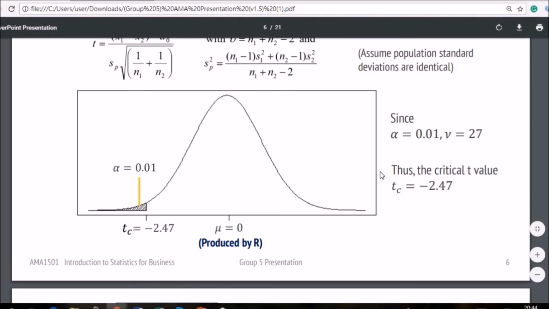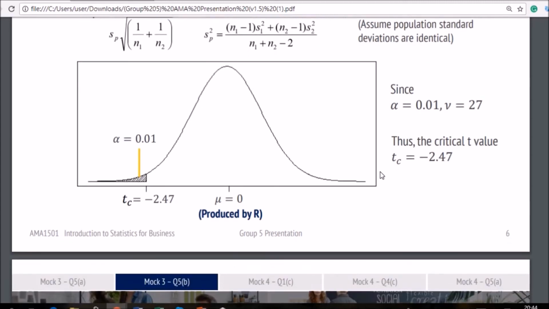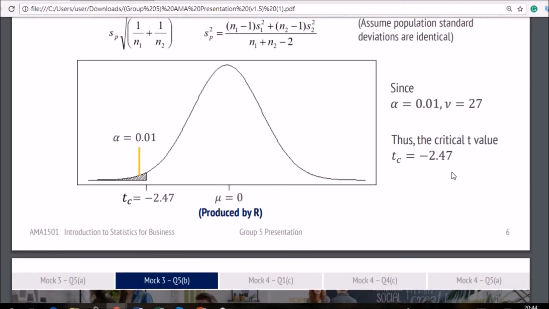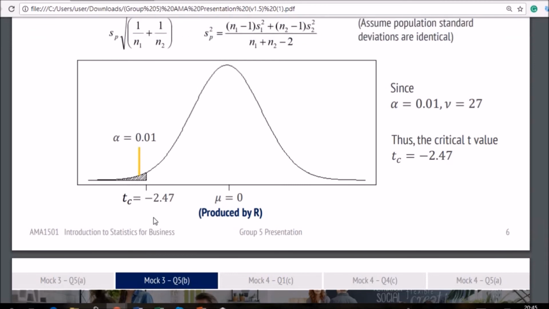And by referring to the table of student t distribution, we can find the critical value as negative 2.473, and therefore the critical region is less than negative 2.473.